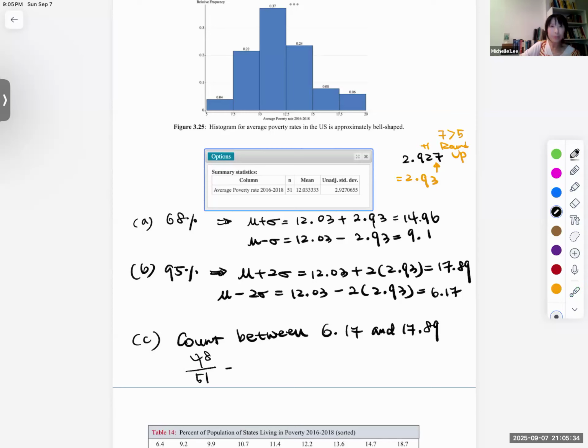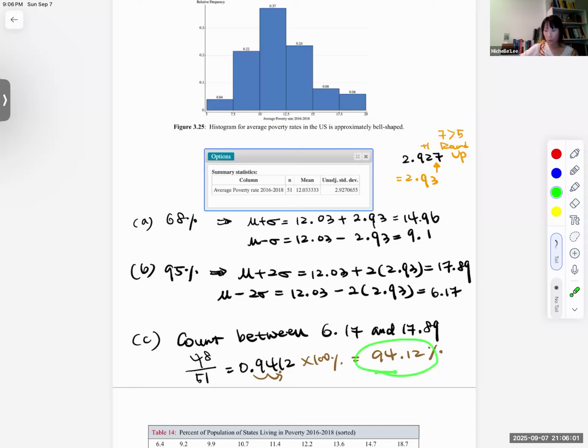So what do you get? 0.9412. We multiply by 100%, so that's 94.12%. So what about the empirical rule? The empirical rule gives 95%, and the actual percentage is 94.12%, right? Okay.